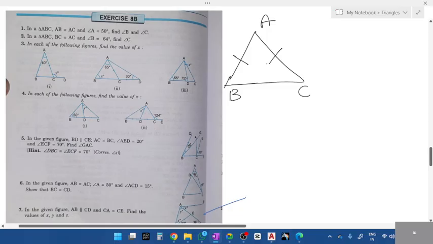If these two are equal, what is the other value given? Angle A is equal to this. So what are the two things you have to find? Angle B and angle C. Where are these angles B and C, interior or exterior? Interior. So which formula do we use? Sum of interior angles is 180 degrees. Good.